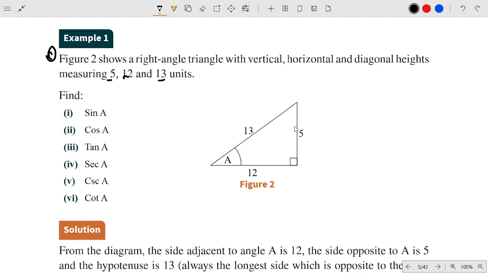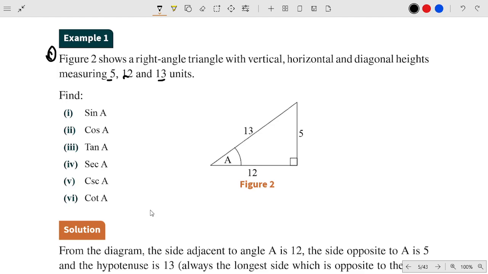Now we have to find sine A, cos A, tan A, sec A, cosec A, and cot A.